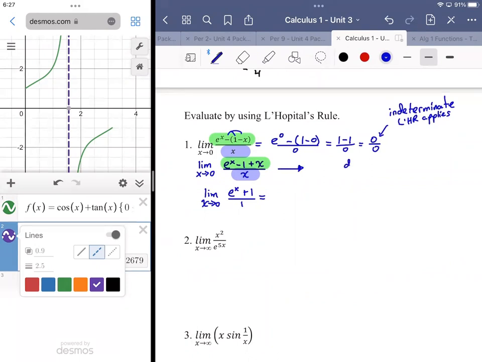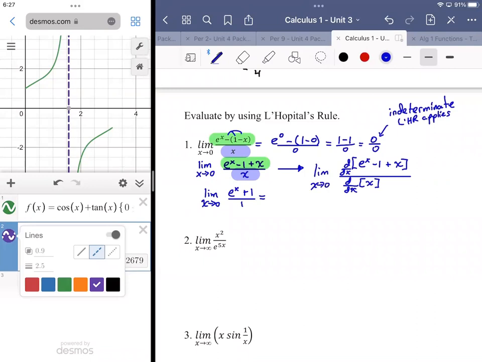You're saying the derivative with respect to x of e to the x minus 1 plus x, over the derivative with respect to x of just x, and then applying that limit again.